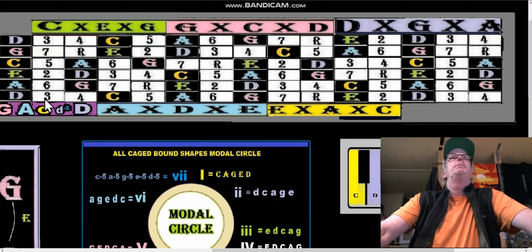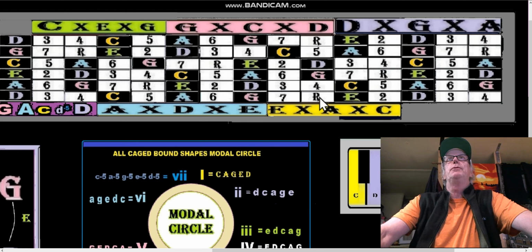So there's a bottom string for the C here, there's a bottom string for the A, 5, 6, there's a bottom string for the G interval here, which is 6, 7 root. Remember, G is no play, 6, 7 root, no play.